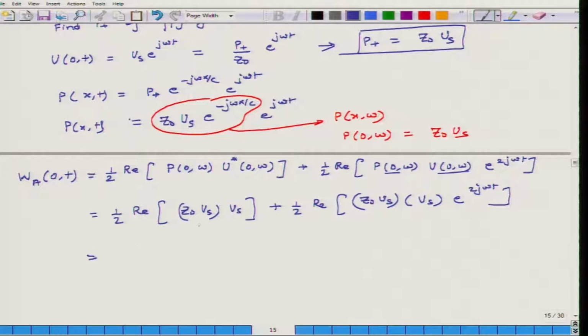This is entirely real, this is also real. So, I get z naught u_s squared over 2, plus z naught u_s squared over 2 cosine 2 omega t.